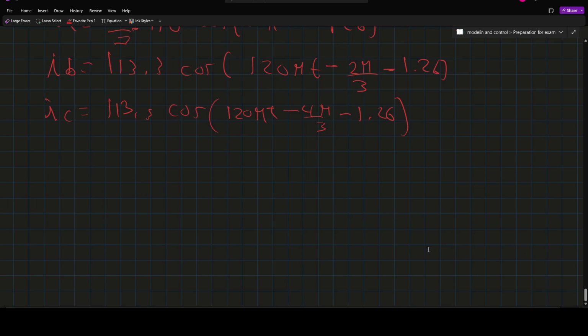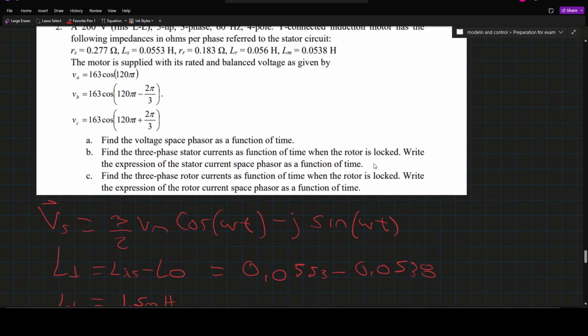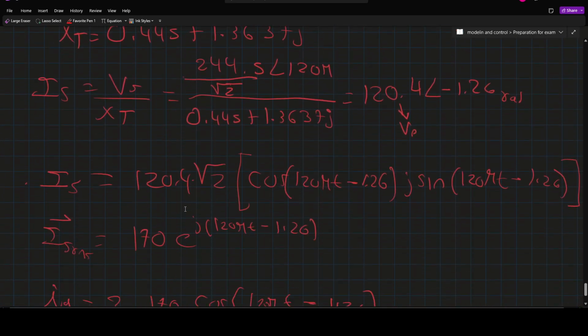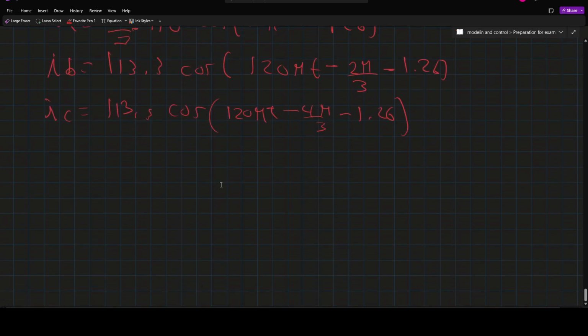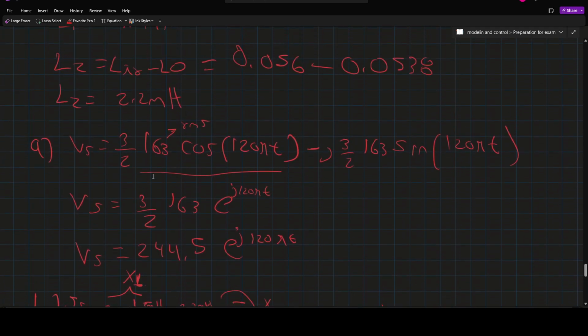Okay, so that's what we get, our 3 currents, and this is our alpha beta component.